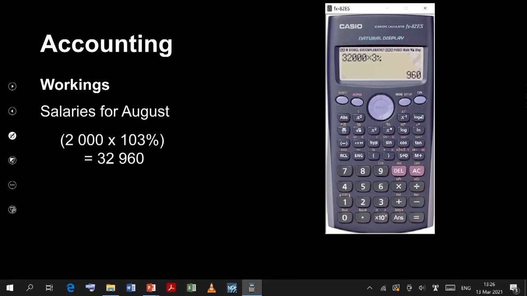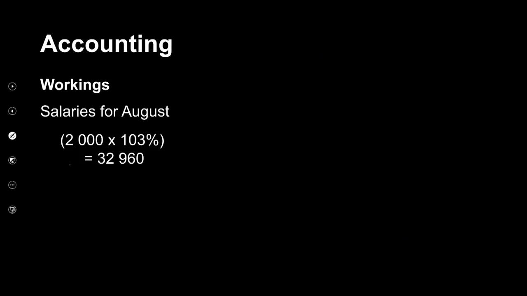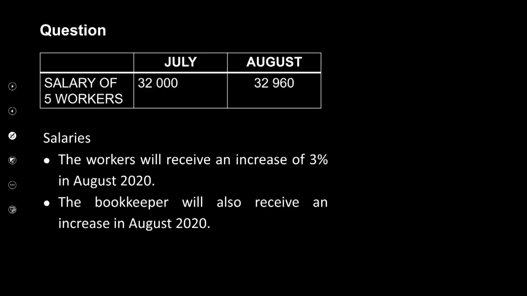So the new salary will be the 32,000 plus the increase, which gives you a figure of 32,960. Here we go. 32,960 will be the new figure. Here you can see that that was my old salary, increased by 3%, giving you an increased figure of 32,960. Okay, next one.